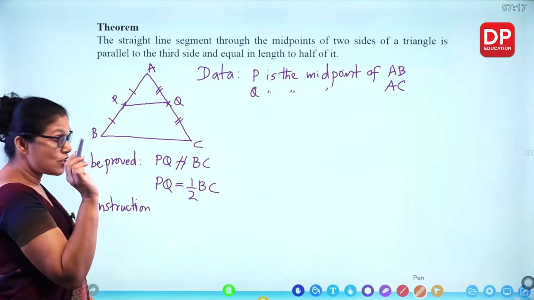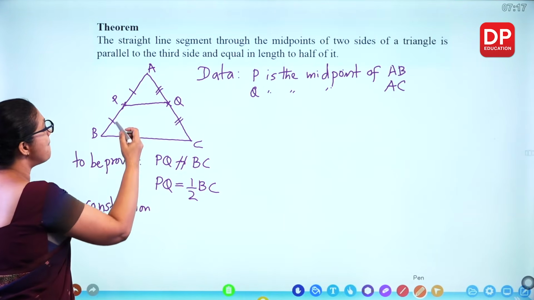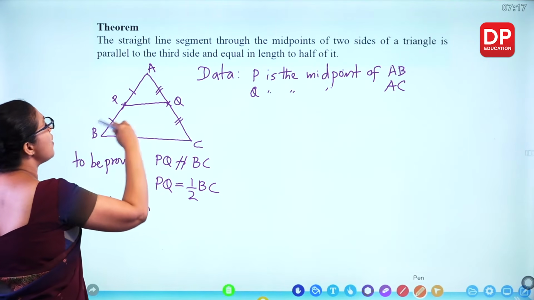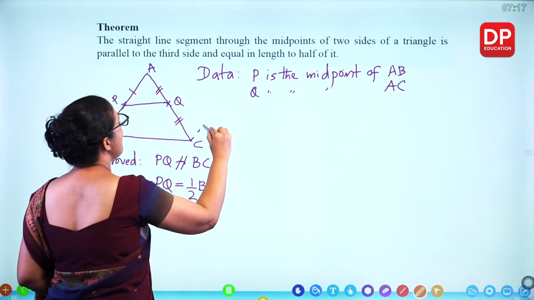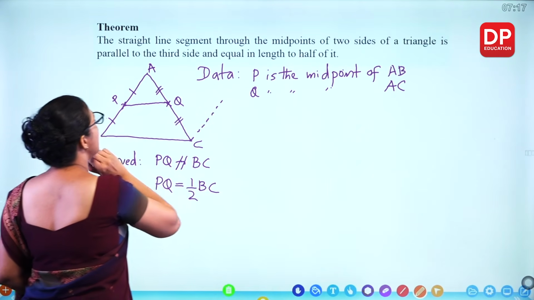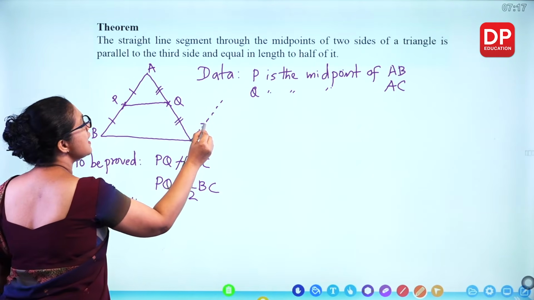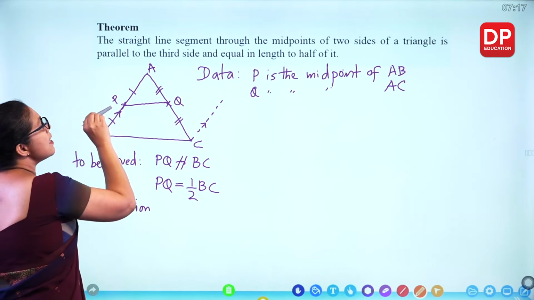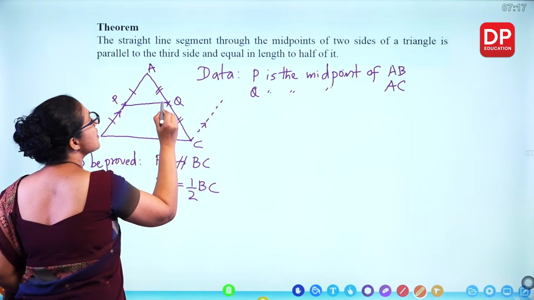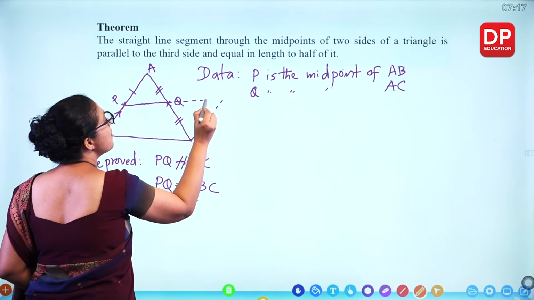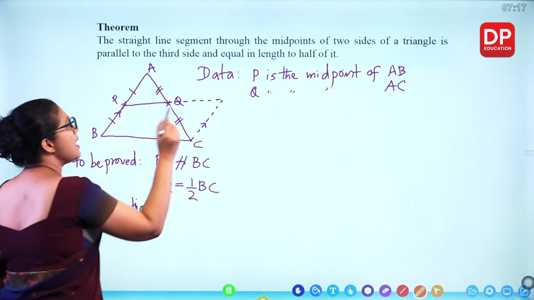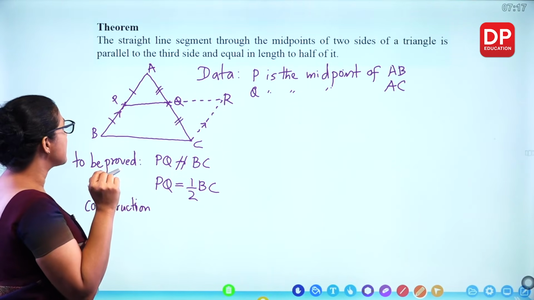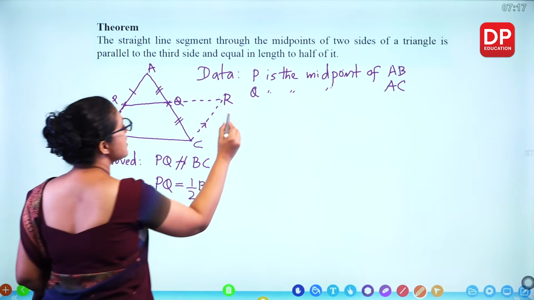So the construction is we are drawing a parallel line through C to AB and PQ produced, and this line meets at R point. So that's the construction.